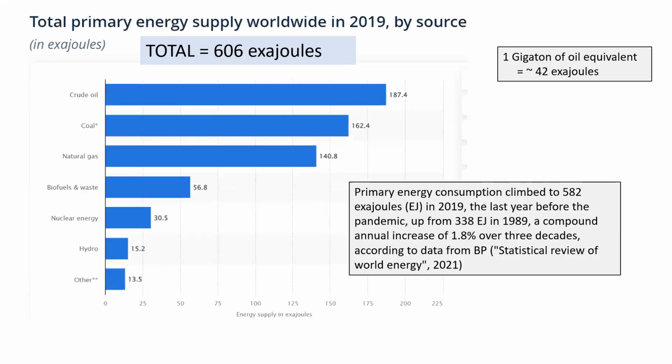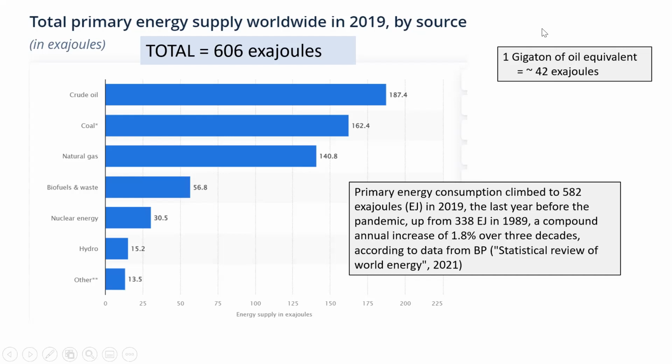So now we look very quickly, just to make this a bit relevant to what's going on in the world today. Let's look at the total world primary energy use. And so here it's given in joules. We can say the total energy that was used in 2019 was about 600 exajoules. And 42 exajoules is a gigaton of oil equivalent.